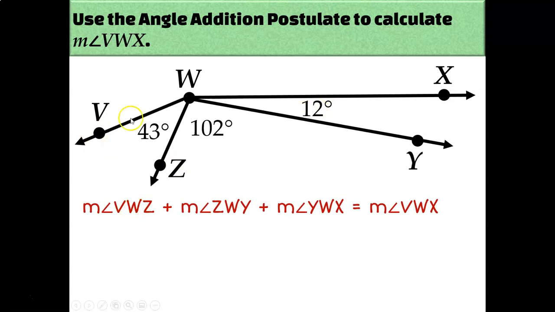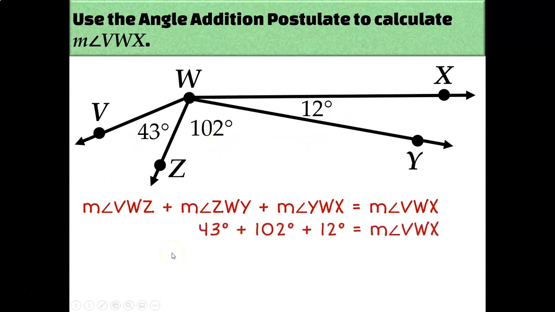The measure of angle VWZ plus the measure of angle ZWY plus the measure of angle YWX equals the measure of angle VWX. And again, like I said in the previous video, you don't have to write this sentence every time, but it is what your brain should be thinking about when you are solving a problem that looks like this. Let's plug in the numbers from our diagram.